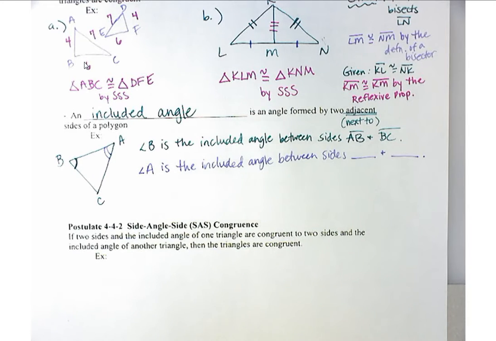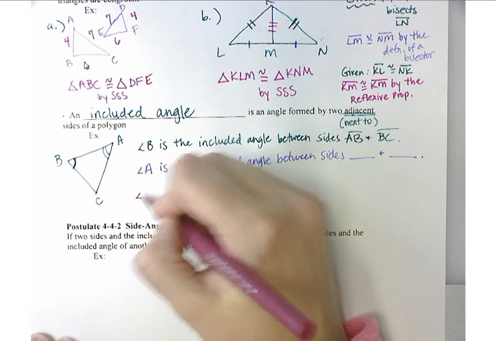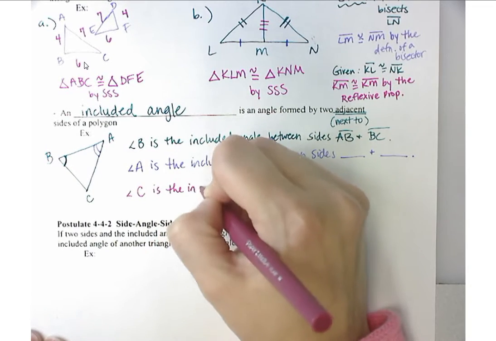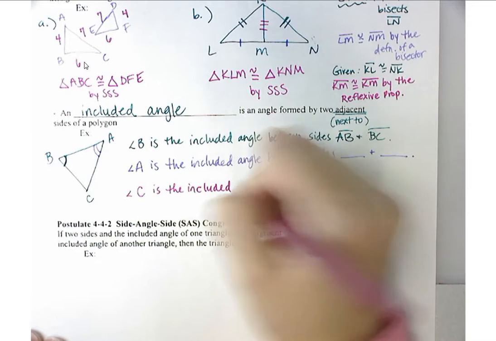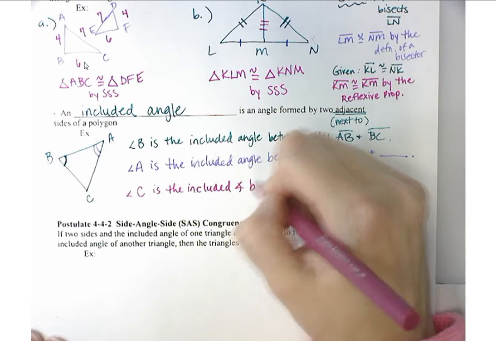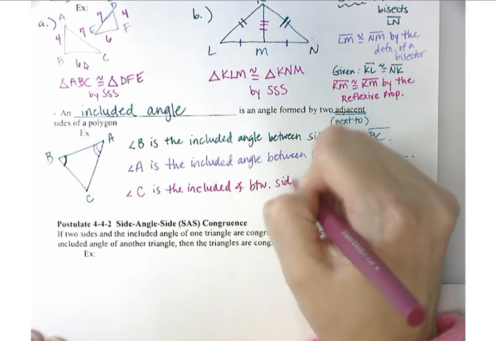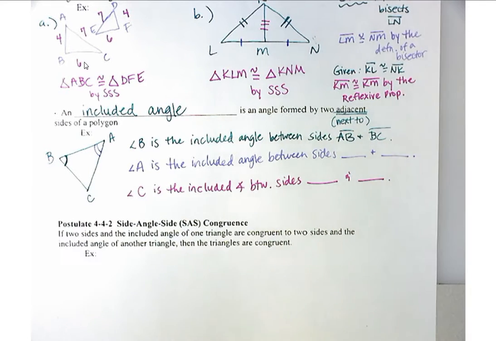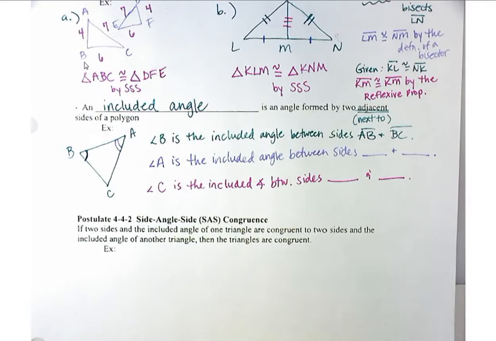And then you're going to do the same thing for angle C. Okay, so angle C is the included angle between sides blank and blank. Okay, and I'm going to give you a minute to fill those in. And then we're going to check and see how we did.